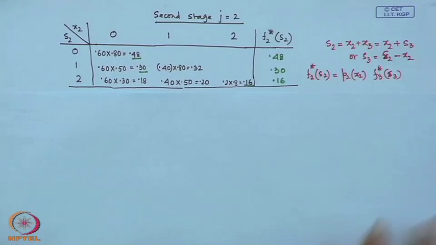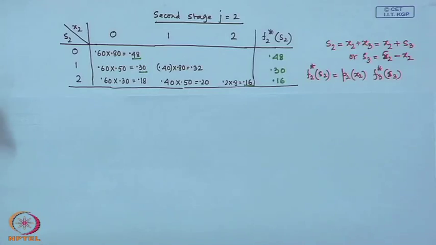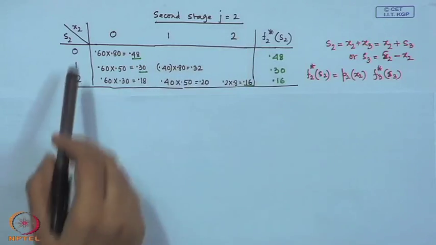We are adopting the backward recursive process, that is why j equal to 3 we considered, that was stage 1, that was not stage 3. Now, coming to the next stage, that is second stage, j is equal to 2.